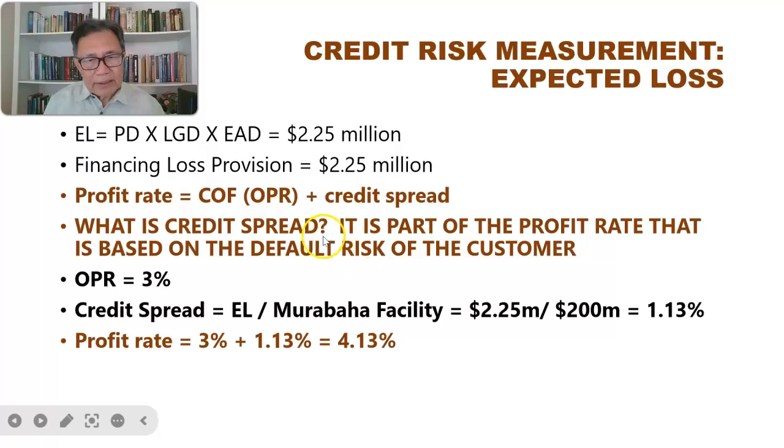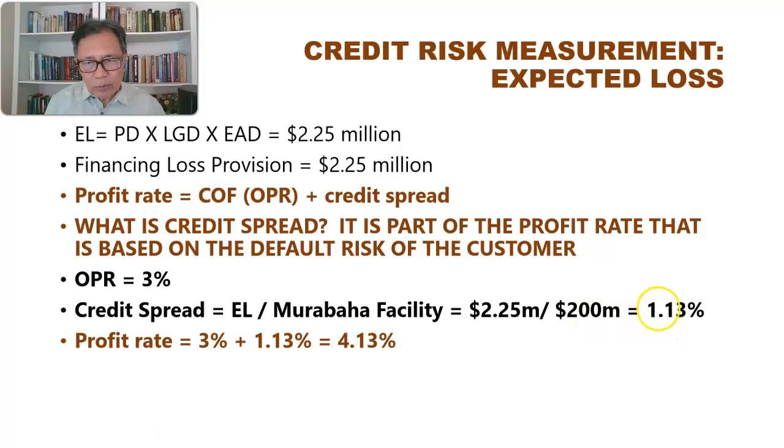So in order to calculate the credit spread from the expected loss, we may have to use one special formula, that is, the credit spread is equal to the expected loss divided by the murabahah facility or the loan facility. So we got the 2.25 million expected loss divided by 200 million of the facility.